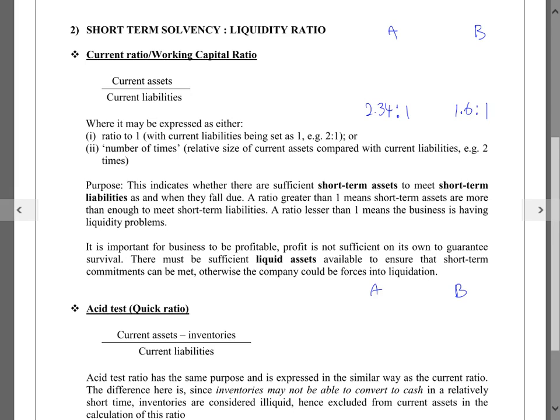You just have to take out the inventory, so current asset will be lower, therefore the ratio will be lower. Yes, answer? 1.83 to 1. 1.25 to 1.